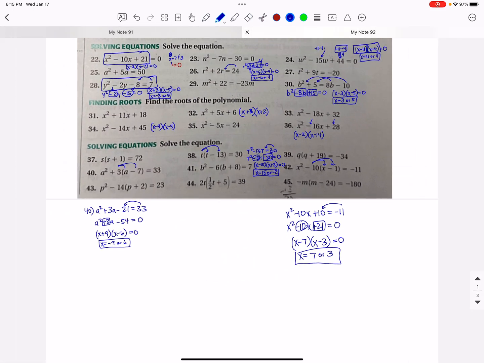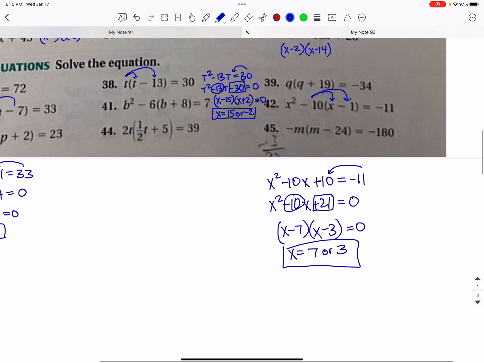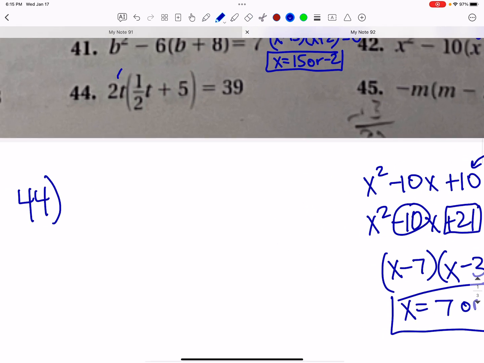Let's see, 44. 2t times 1 half t. 2 times 1 half is 1. T times t is t squared. 2t times 5 is plus 10t equals 39. I'm going to send the 39 over to this side, so minus 39 equals 0.